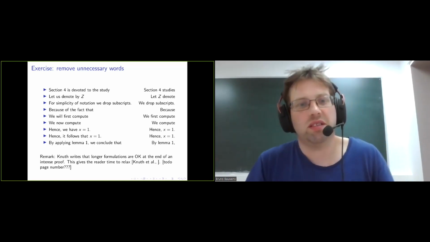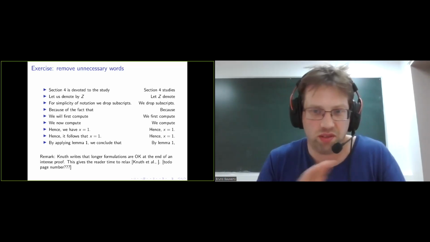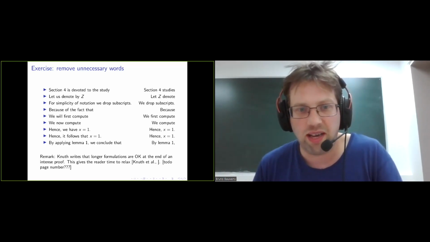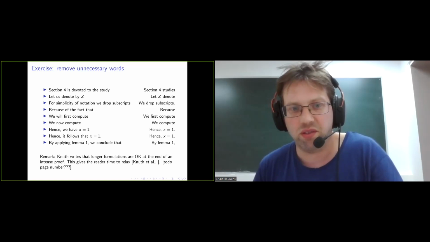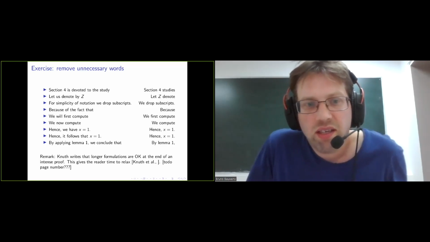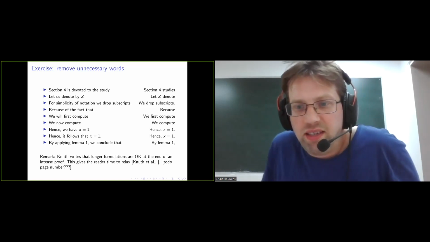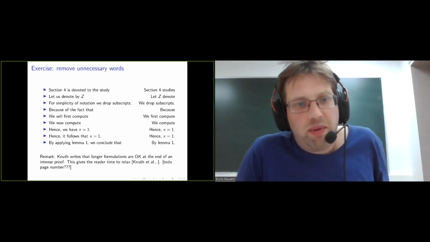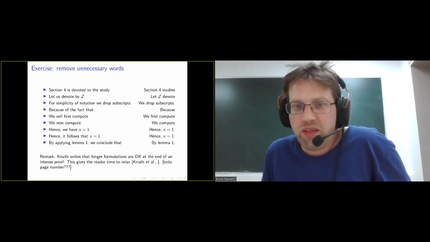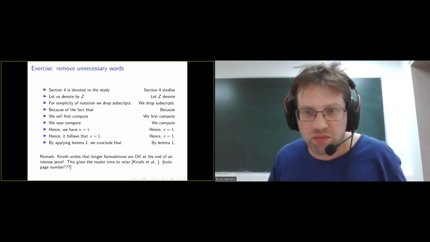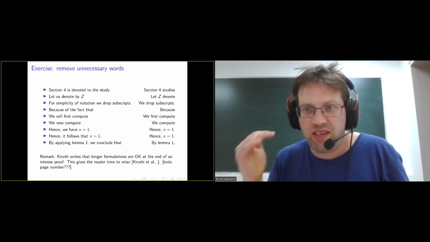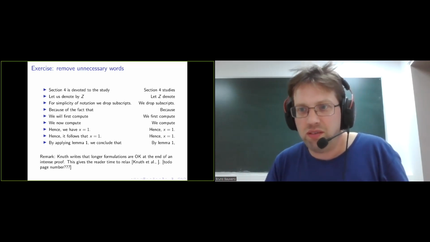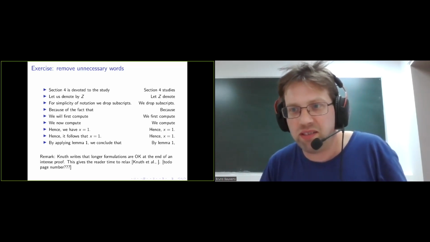And now something very interesting, which I've already done all my life, and I was happy to see that Donald Knuth writes this. He says that if you are at the end of the proof, then you can write "by lemma 1, we conclude that blah, blah." It's kind of a decompression moment for the reader. If you're in a very intense short proof, just give him a break in the last sentence of the proof.